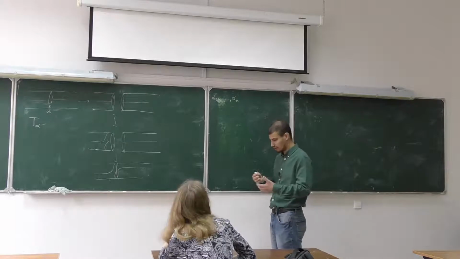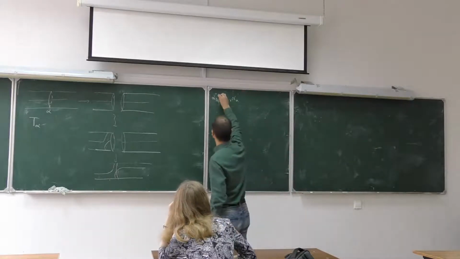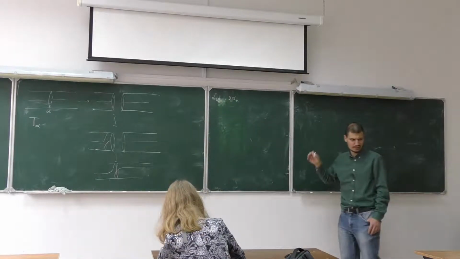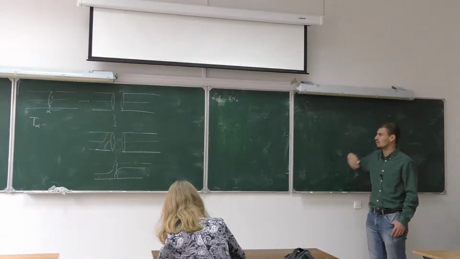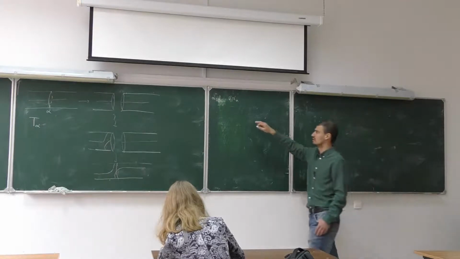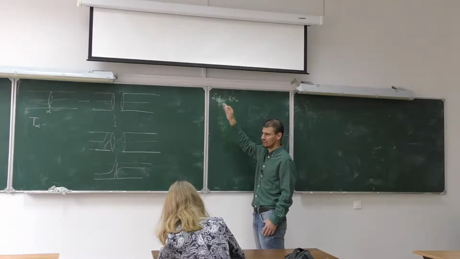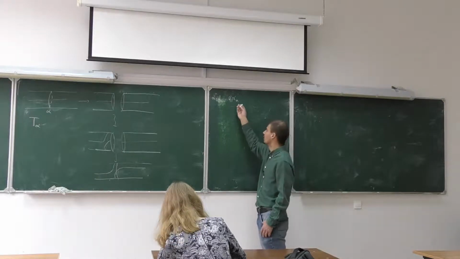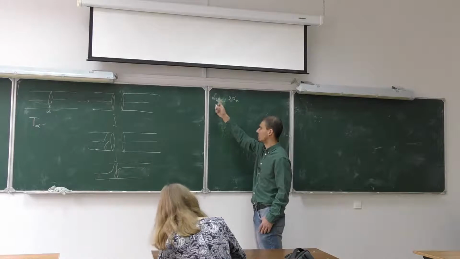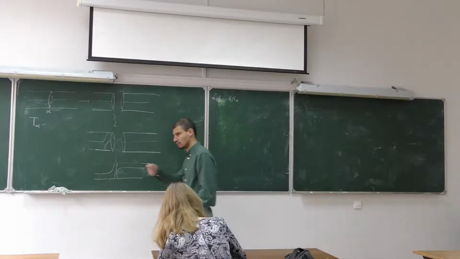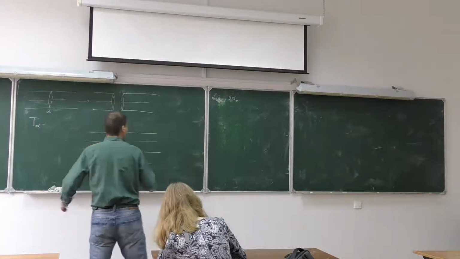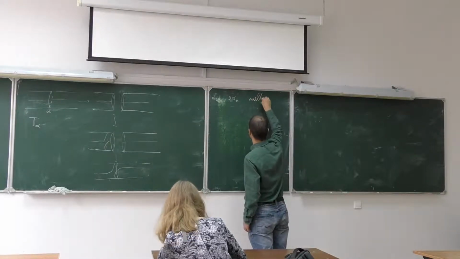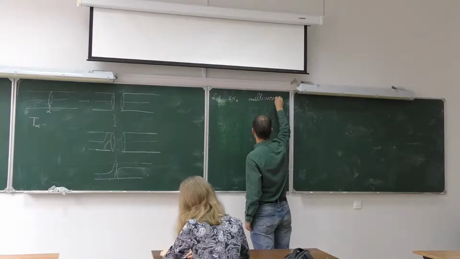So this is a collection of pairwise non-intersecting curves. I don't want to repeat it many times, but all curves are essential, and I always mean that these curves are pairwise non-isotopic. So just a multi-curve, which means that these curves are disjoint.